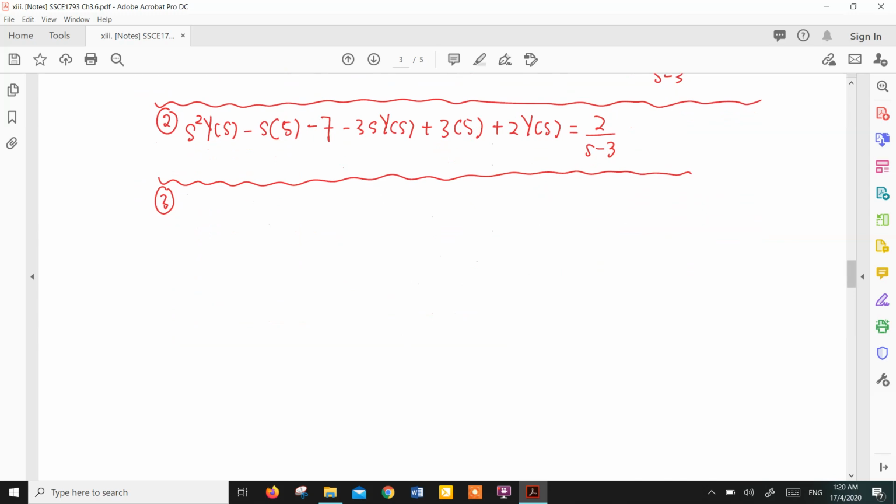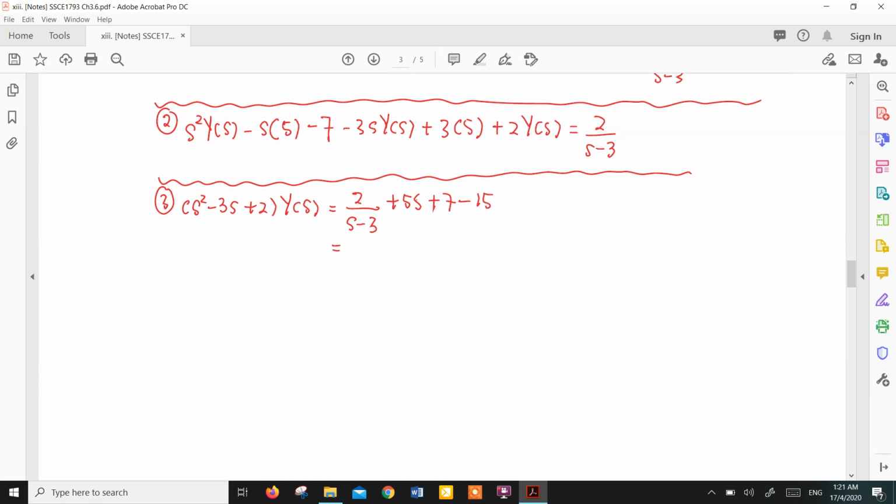Next, those with Y(s) we put on the left hand side, and without Y(s) we put on the right hand side. So we have here (s squared minus 3s plus 2) Y(s) equals 2 over s minus 3, here is negative 5s, so it should be plus 5s, plus 7 minus 15.